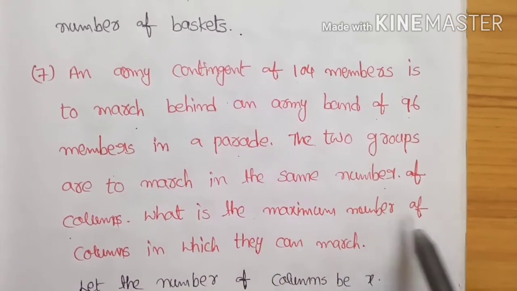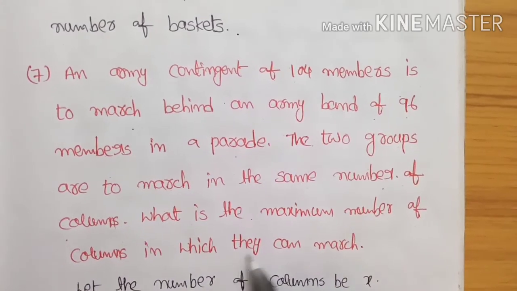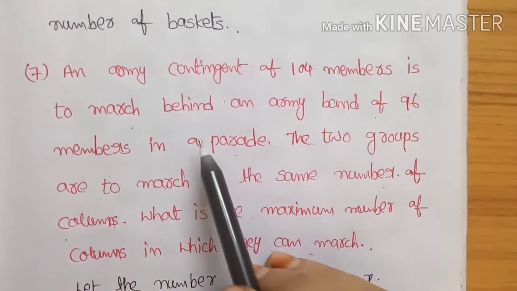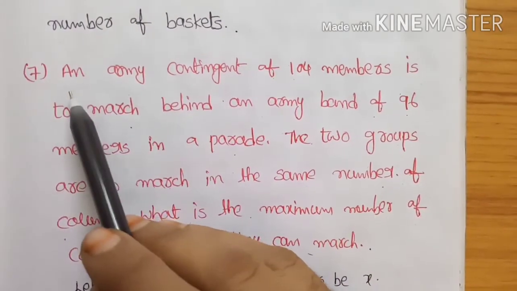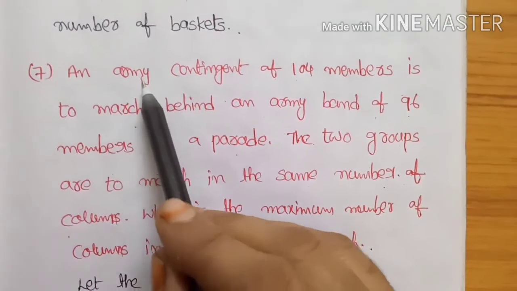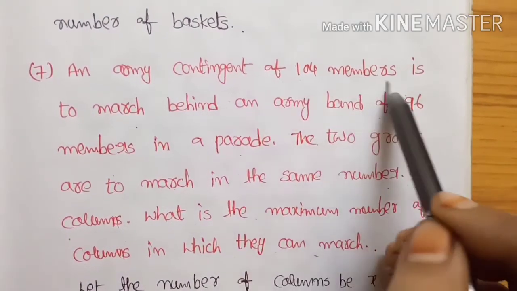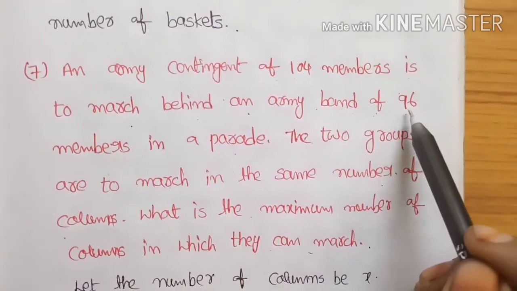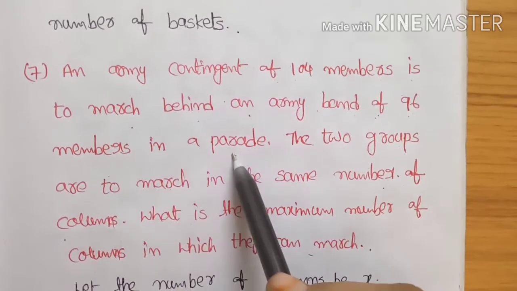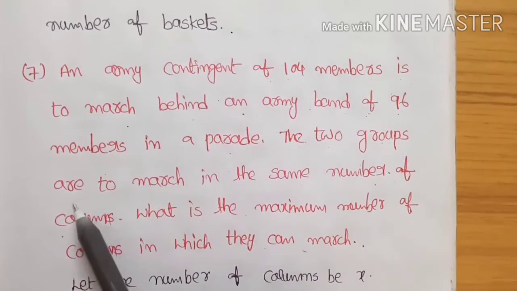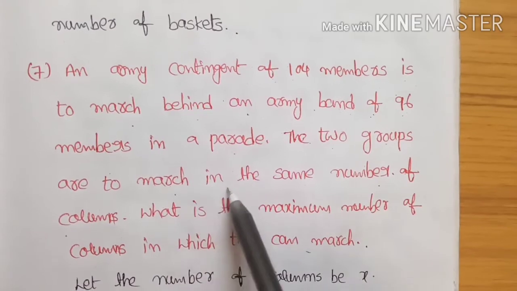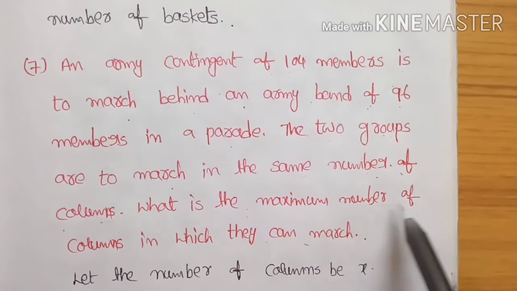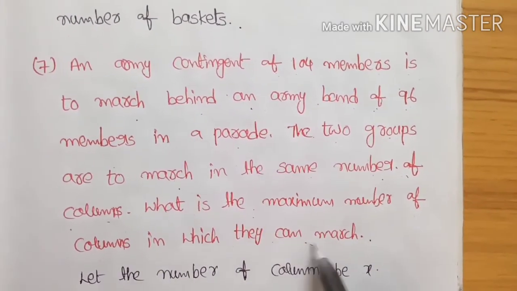What is the maximum number of columns in which they can march? Okay, understand this.